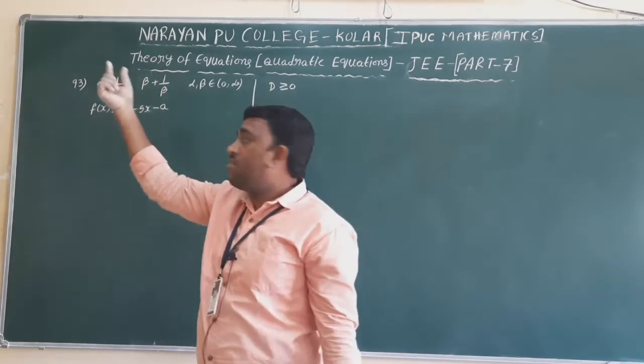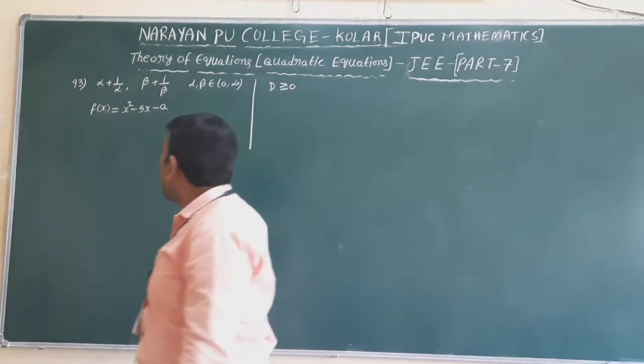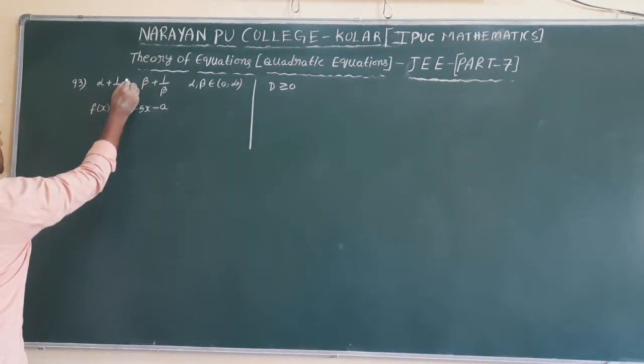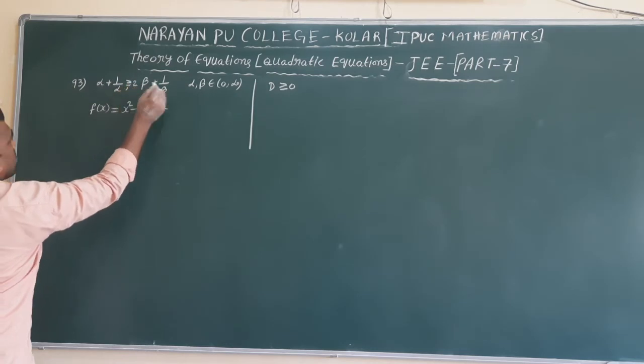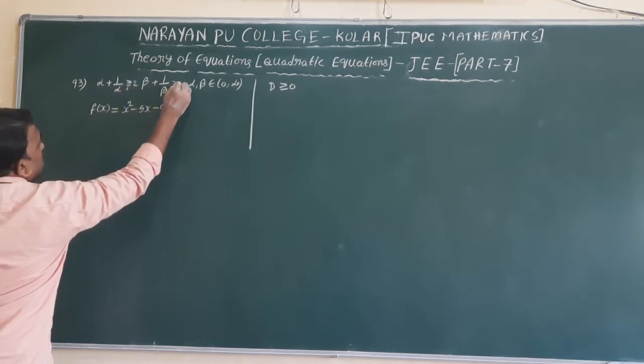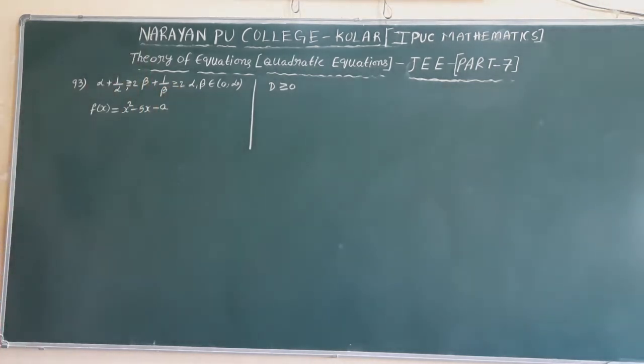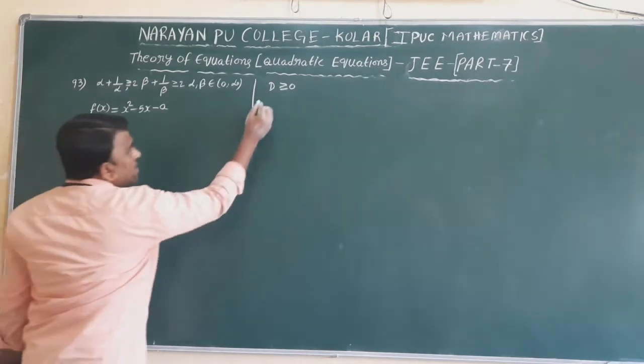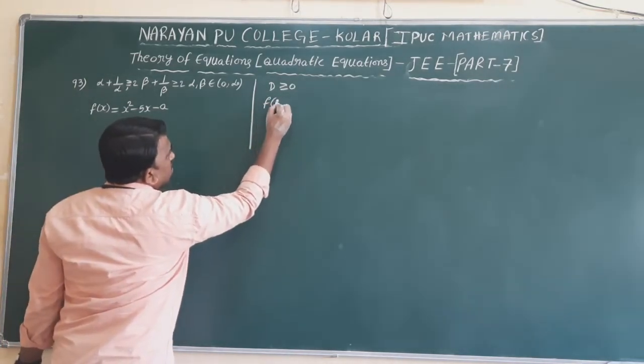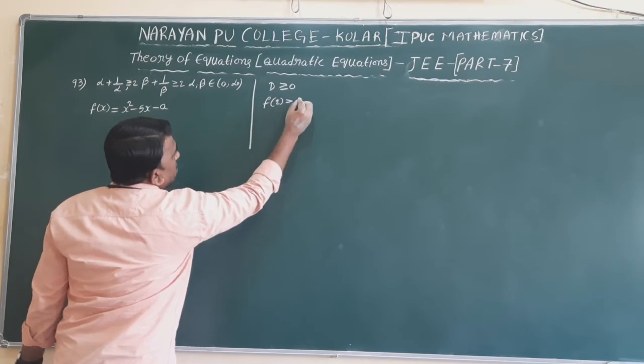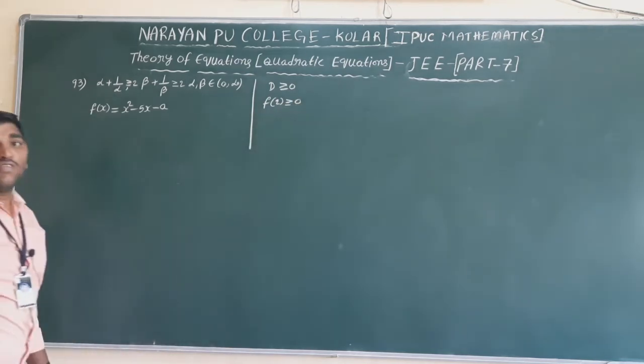So more than 2, these roots will be satisfied. That's what compulsory: alpha plus 1 by alpha is greater than or equal to 2 and beta plus 1 by beta is also greater than or equal to 2, roots will be satisfied. So f of 2 greater than or equal to 0 will satisfy that.